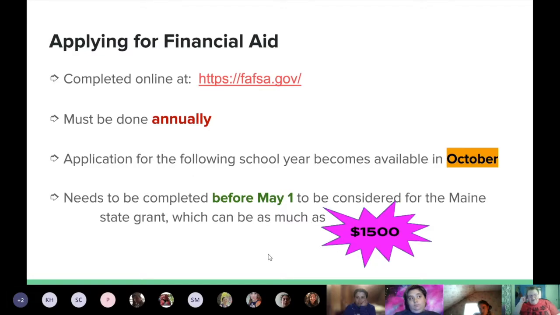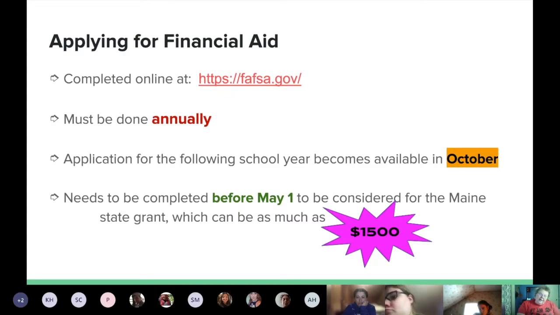Like Landy also mentioned in her year at a glance, to maximize things, you do want to try and get your application in before May 1st. The big issue with that is in order to be considered for the Maine State Grant, the deadline to be considered is May 1st.